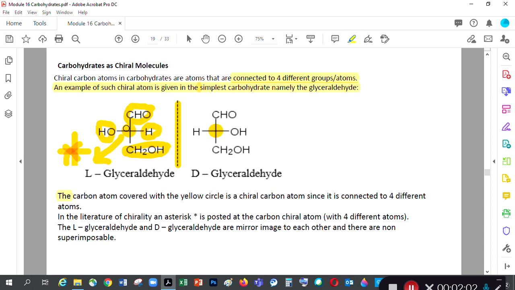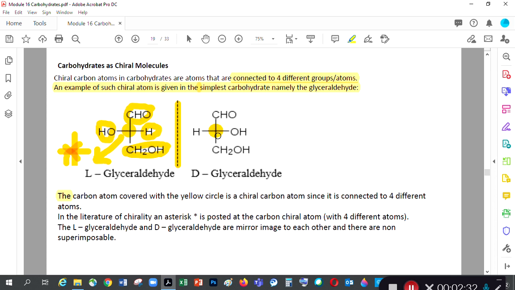So if you take the left side molecule, which is L-glyceraldehyde, and put it on the top of this D-glyceraldehyde, because inside the mirror you will see the D-glyceraldehyde, when you take the left one and the right one and put them together, you will not get a superimposed structure. Correct?